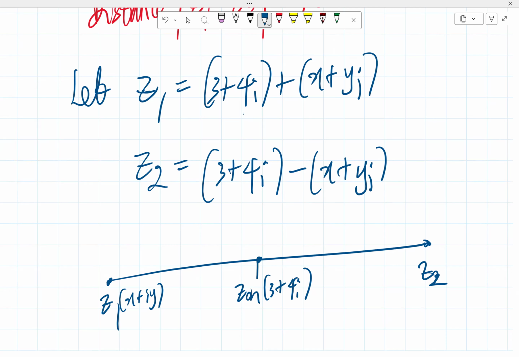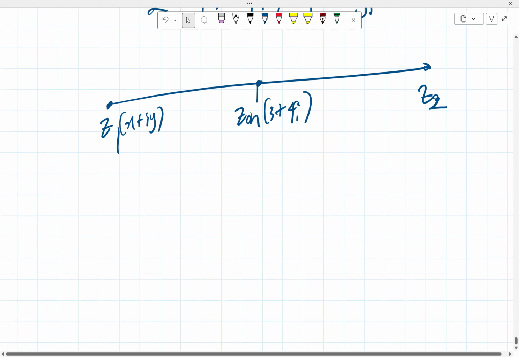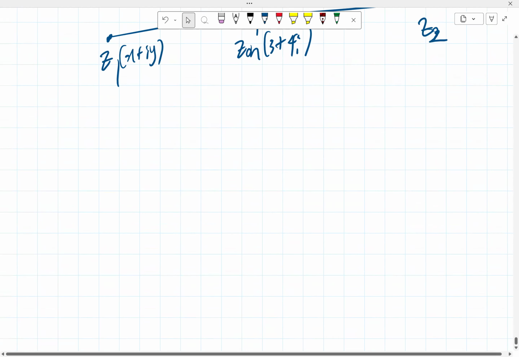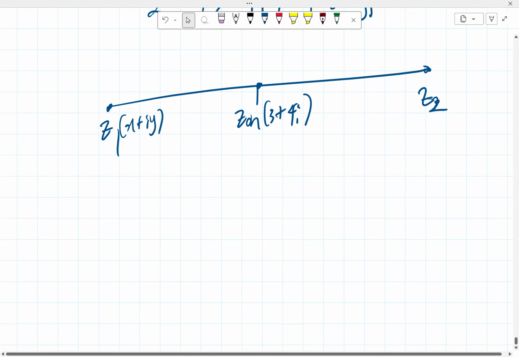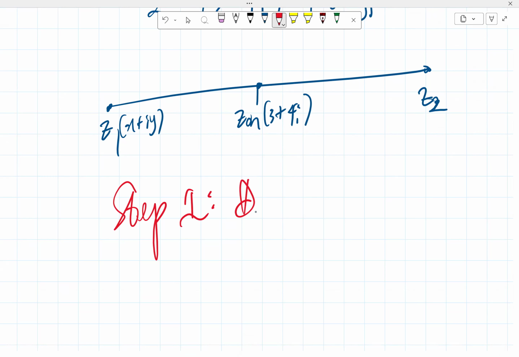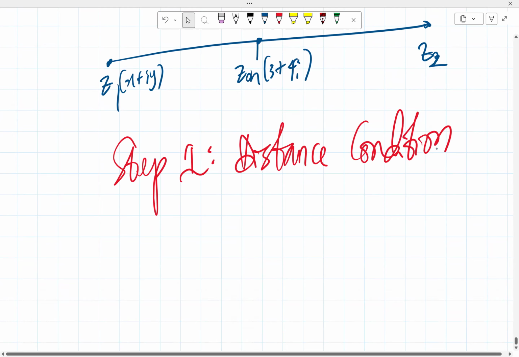That's Z2. If that is the case, then of course the midpoint is automatically 3 plus 4i. That's the argument there. So we now go for step one, the distance condition.